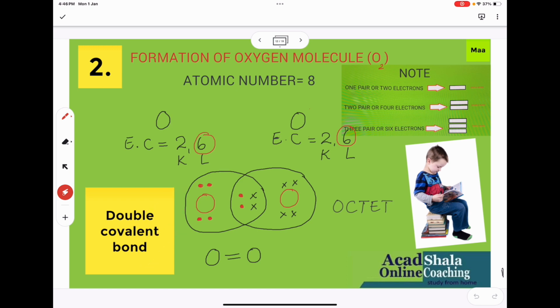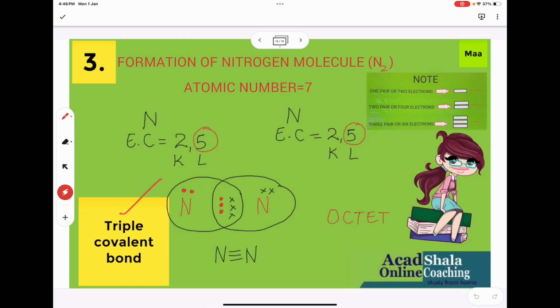Now the next comes the triple covalent bond. The same thing, children. We are taking the example of formation of a nitrogen molecule. Again, nitrogen molecule means N2. Right, children? So this you have to remember. A triple covalent bond is formed by mutual sharing of 3 electron pairs between 2 atoms.